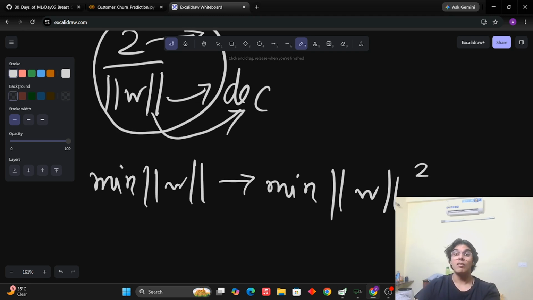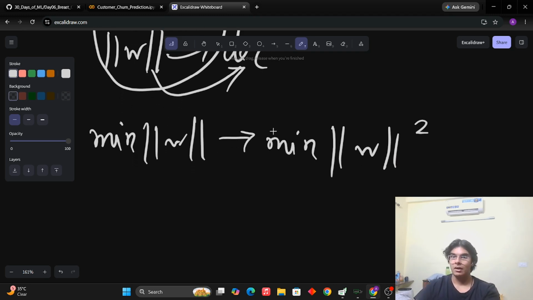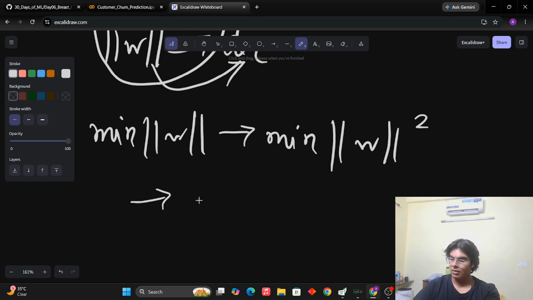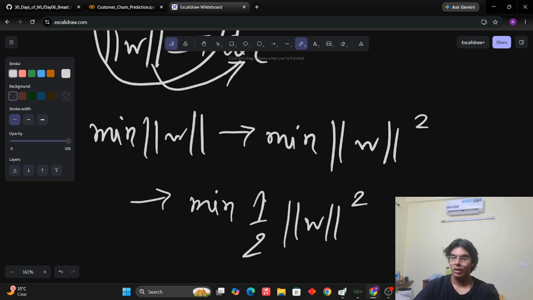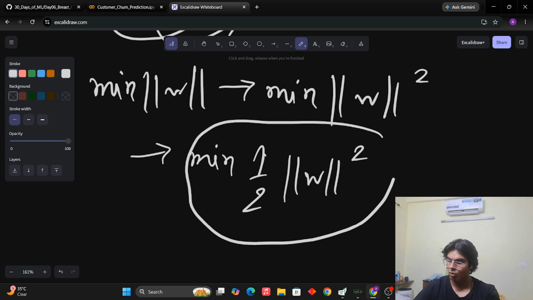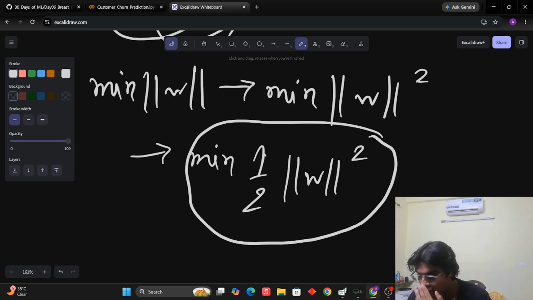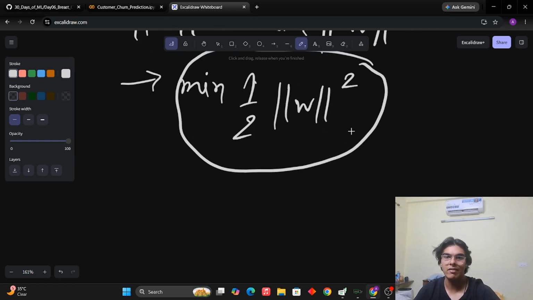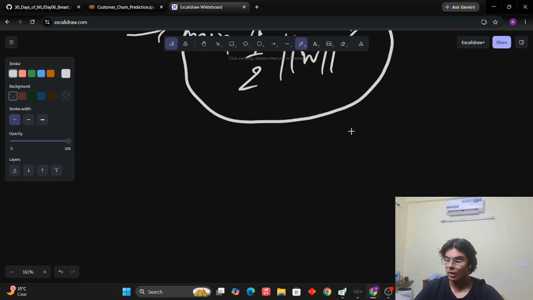Why are we squaring it? For the sake of calculation, simply. Okay, we can also say that we are minimizing the value of half of mod W squared. Okay, simple, direct. So our optimization problem eventually boils down to this. We need to minimize this. It is a very complicated derivation, which there is no point of me including.